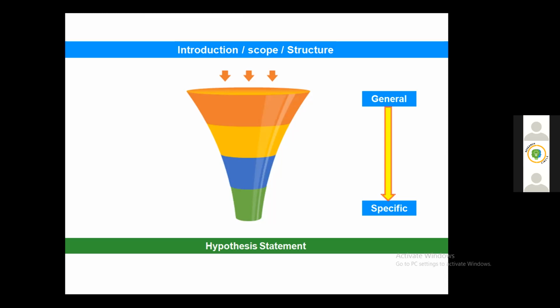Introduction, scope, and structure come in the beginning, and finally the hypothesis is derived. Starting from the general views, you come to a hypothesis state. That conversion from general to specific is obtained during this.